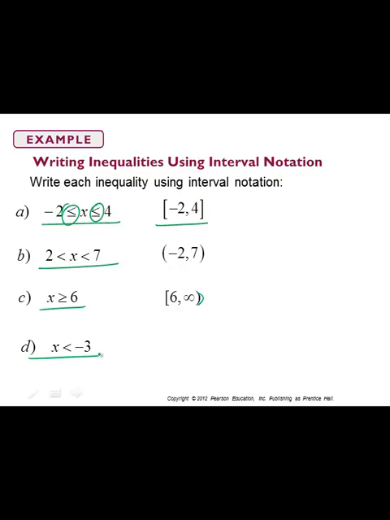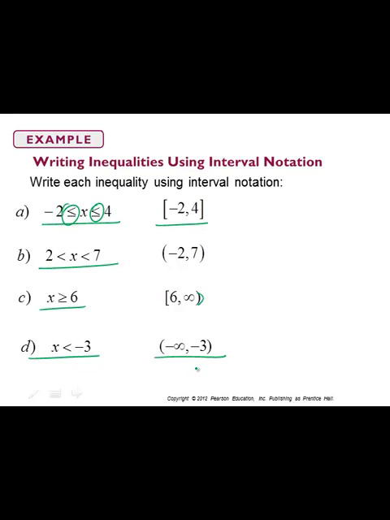Or for part D here, x less than negative 3, that's just going to be given this notation there with the open parentheses associated with the negative 3. So any number that's less than negative 3 will be in this inequality.